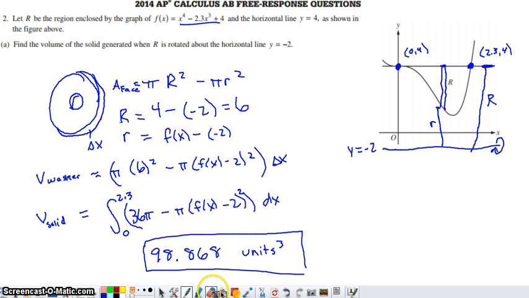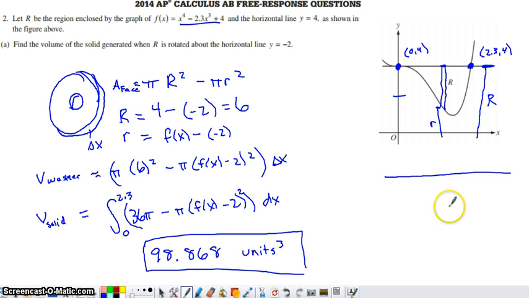You know, my graph isn't really drawn to scale very well. If this is y equals 4, y equals -2 is going to be, I guess, about right here. So that's even more empty space than what I had up there a minute ago. And because of all that empty space that we have to account for to carry this about y equals -2, we're going to get a pretty big volume because of it.